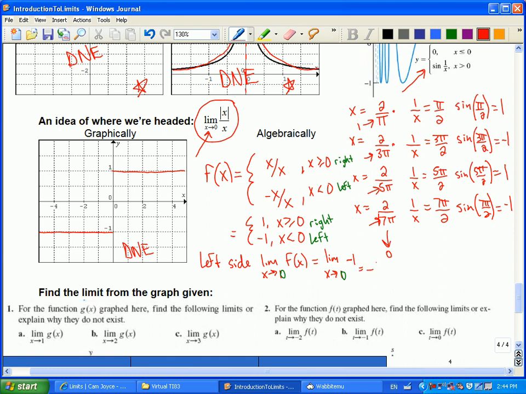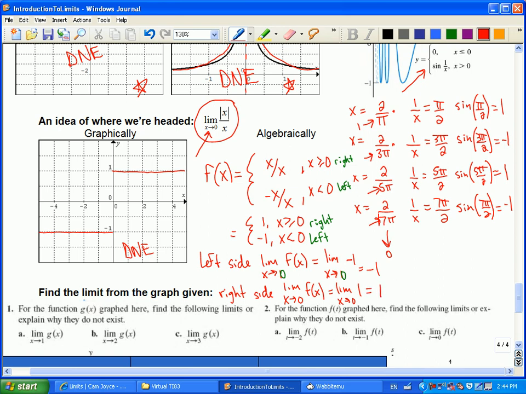So that's just a constant. It never changes. It's -1. However, on the right-hand side, the limit as x goes to 0 of f of x is just the limit as x goes to 0 of 1. And that's a constant, which is always 1.